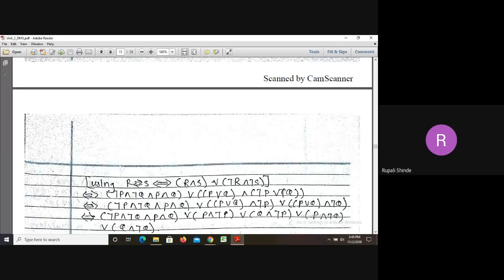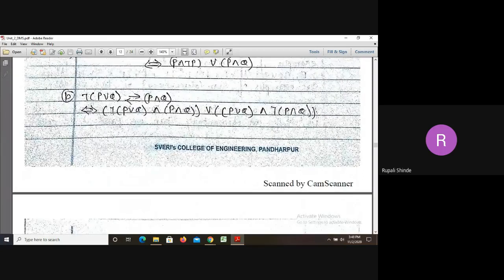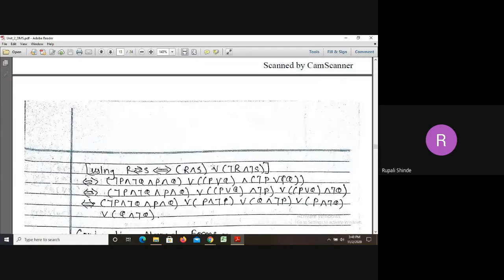The first term is R and S. The value of R is negation of (P or Q) and S is P and Q, so this is our first term. Now the second term is OR negation R and negation S. The OR symbol is written here.